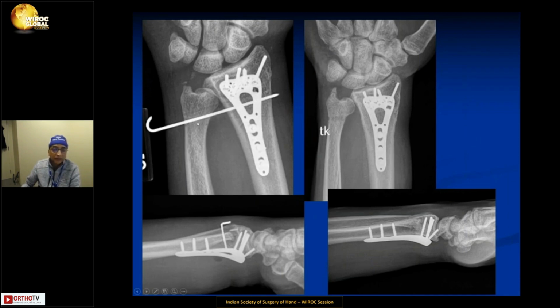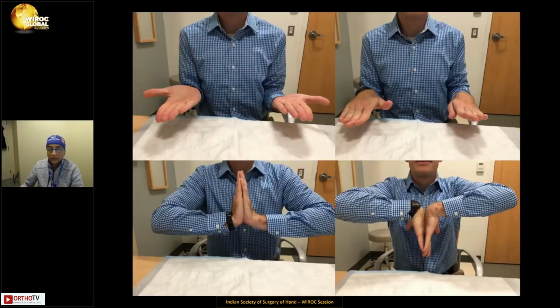I could feel his DRUJ reducing at neutral, and I felt that was reasonable. So I merely pinned the distal radioulnar joint proximal to it so you don't violate the articular surface, and I held him at neutral for 6 weeks. And he went on to have an excellent outcome. So that is how you address the DRUJ.